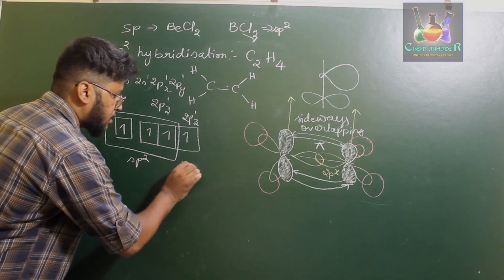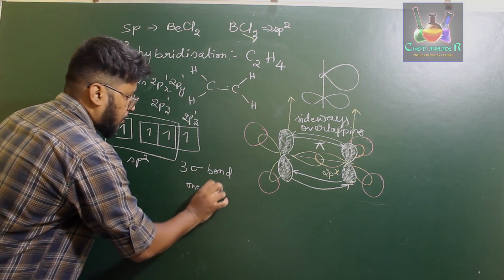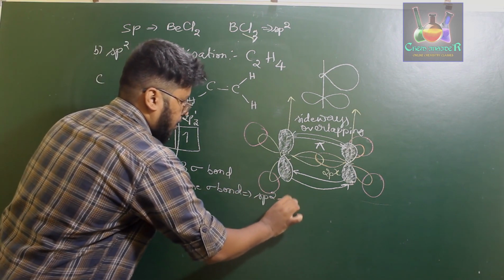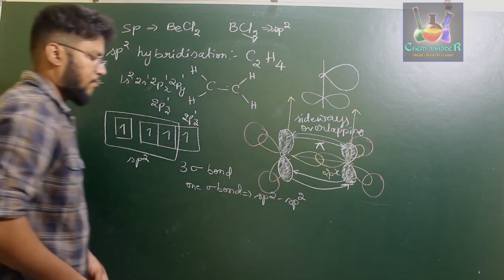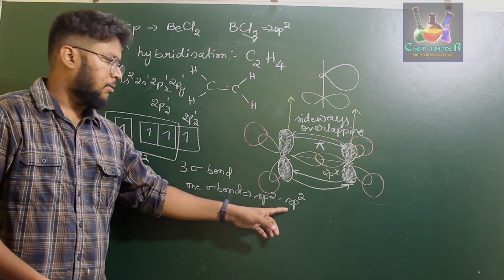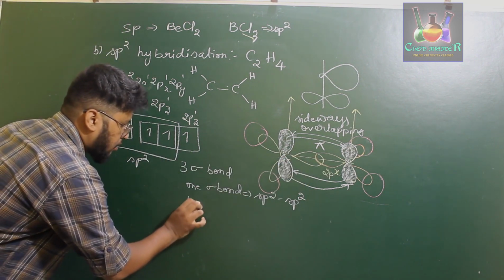So out of the 3 sigma bonds, 1 sigma bond is because of sp2 overlapping between the 2 carbon atoms.